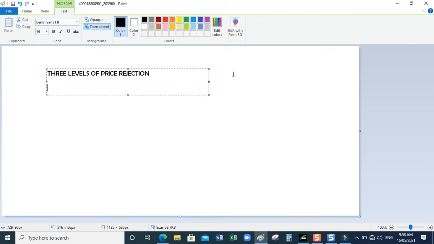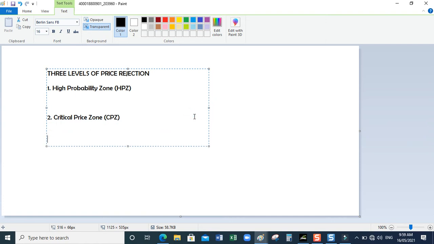One, we have the high probability zone, HPZ. Then we have the critical price zone, which we may abbreviate as PZ.